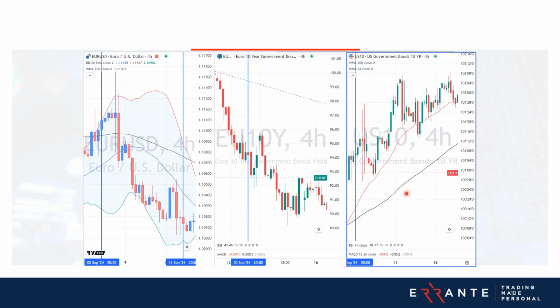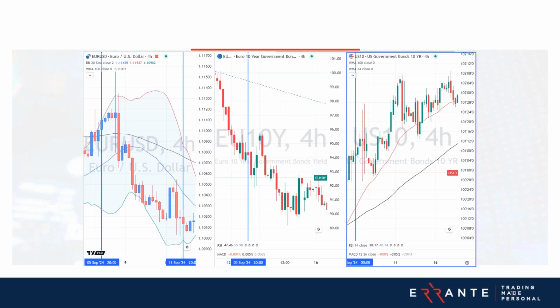And with US bond yields holding firm and Eurozone yields falling, the yield spread differential between these two is widening overall in favor of the USD, for sure. Yeah, because one is rising and the other is declining.